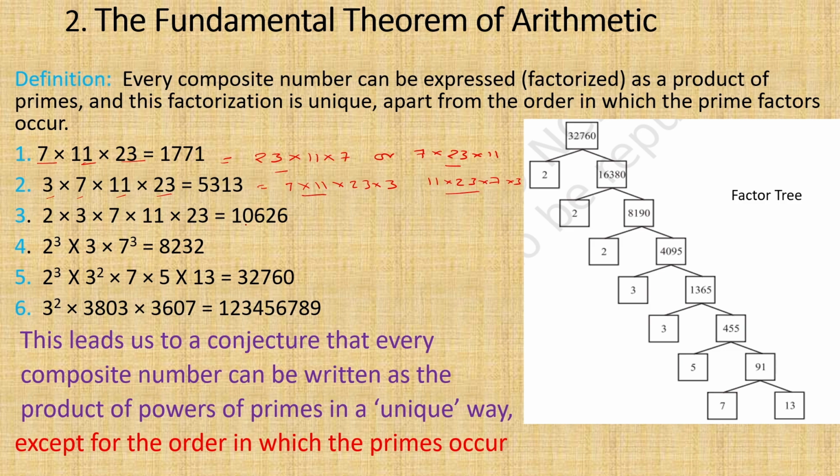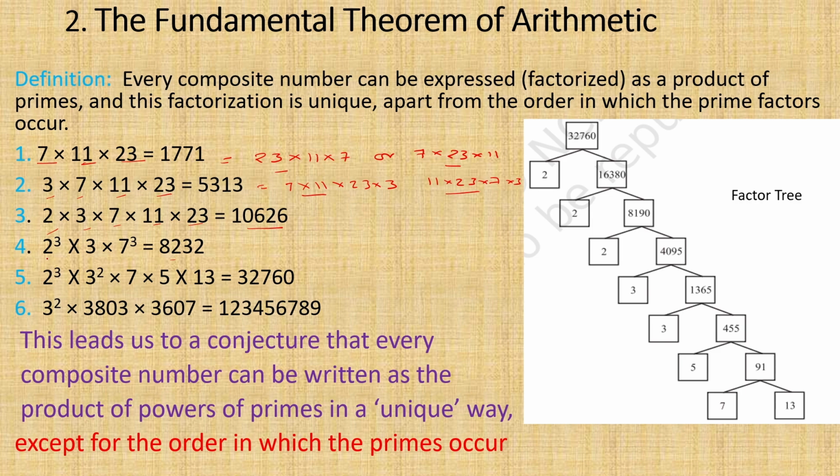Okay. Similarly, 10626 has 5 prime factors: 2, 3, 7, 11, 23. These 5 are the prime factors of this composite number. The order may be changed, but no other prime number exists. Here we have 8232.